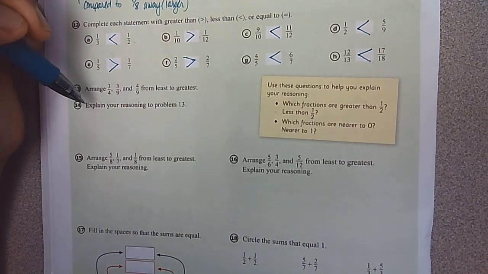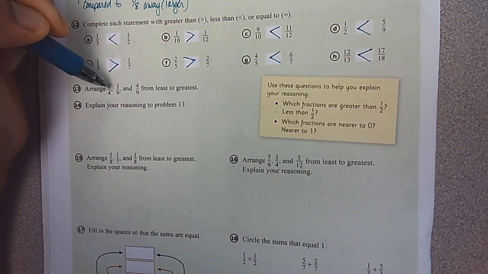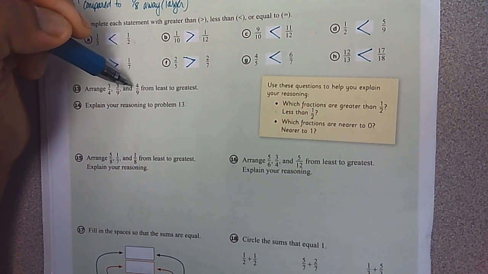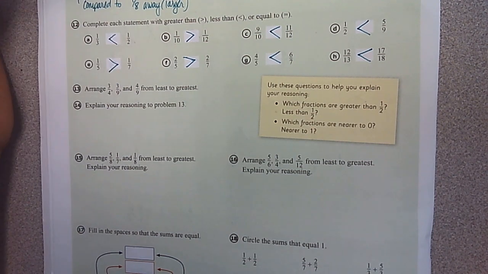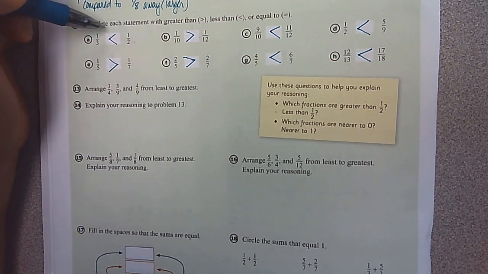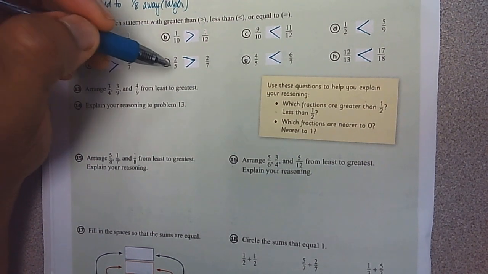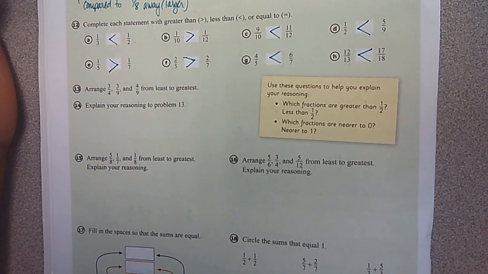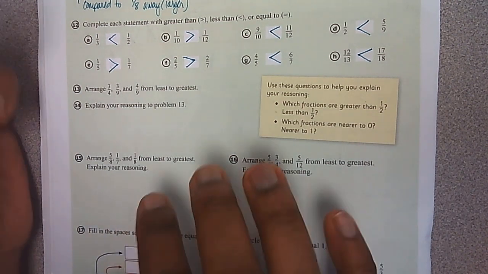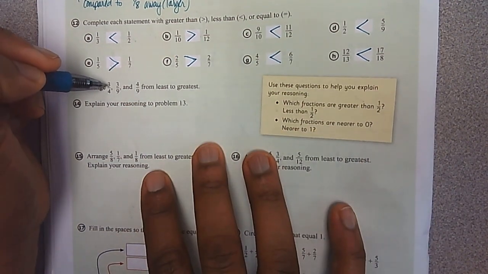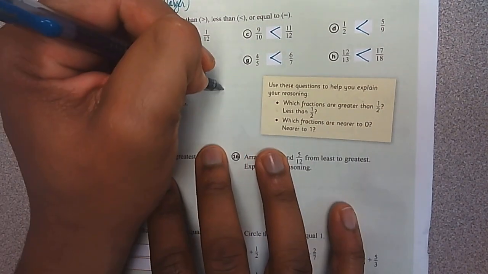All right, so arrange 3/4, 3/9, and 4/9 from least to greatest. Well, when your numerators are the same, you compare the size of your denominators. And when your denominators are the same, you compare how many of each you get. So arrange it. 3/4 is pretty close to 1.